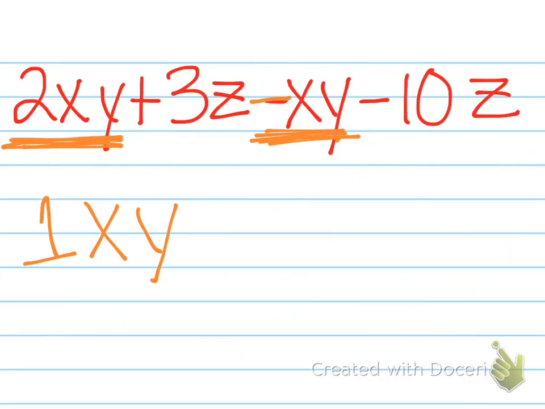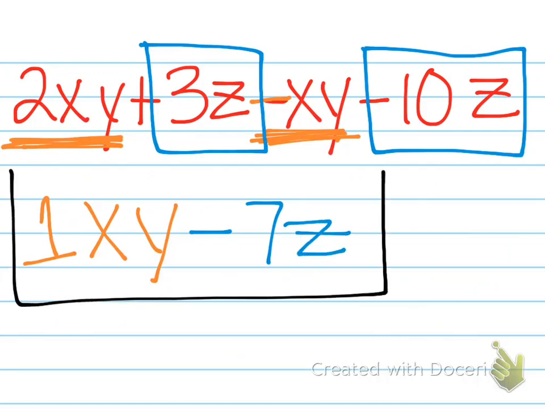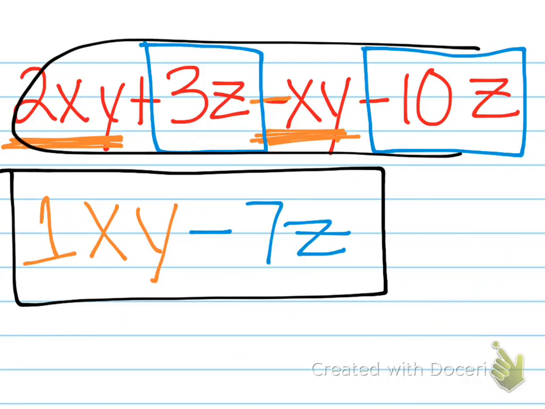Then we have a 3z and a negative 10z. Same variables with the same degree. So I can combine them together to get negative 7z. So my final answer is xy minus 7z. So we just simplified this expression into this right here.